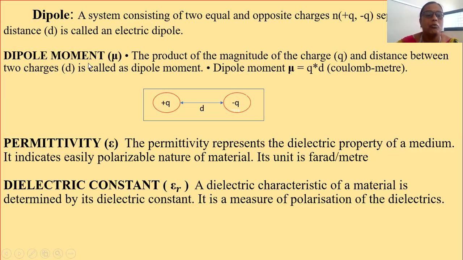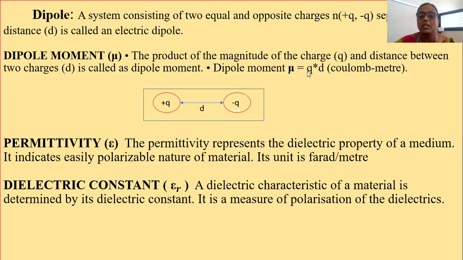Next, what is a dipole moment? It is denoted by mu. This is the letter mu. The product of the magnitude of any one of the charges, either plus q or minus q, and the distance d between the two charges is called the dipole moment. It can be written as mu is equal to q multiplied by d.